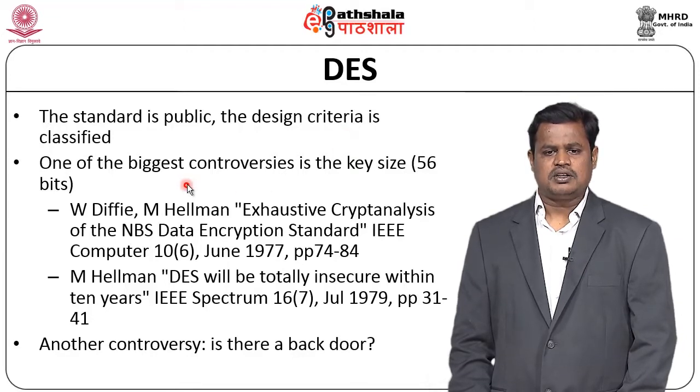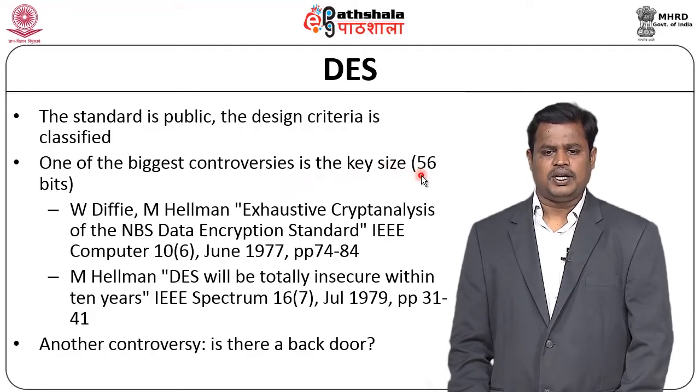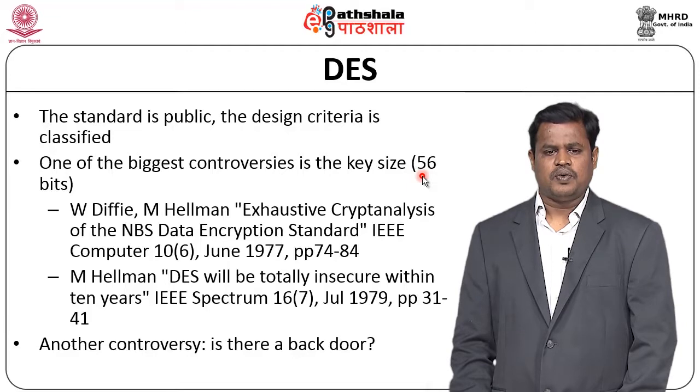One of the biggest controversies is the key size. We all know the DES key size is 64 bits, but every 8th bit is removed, so the size is only 56 bits.